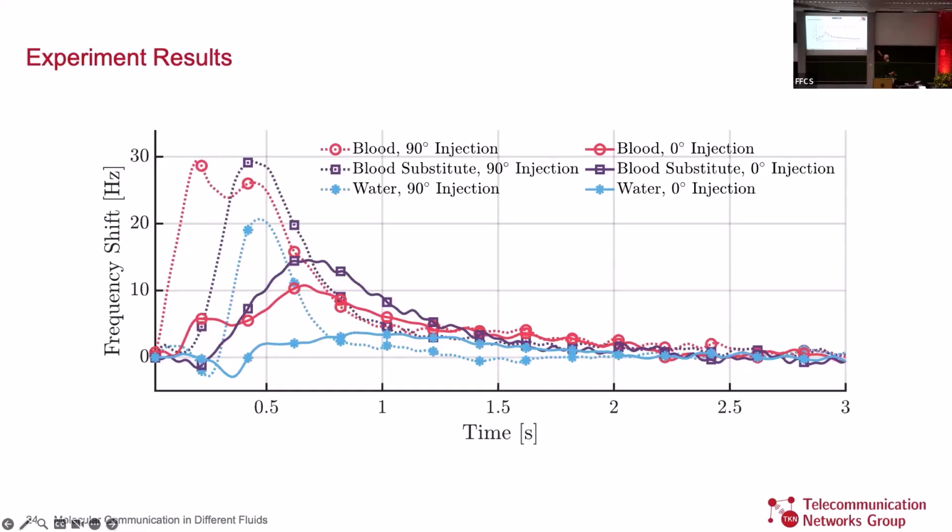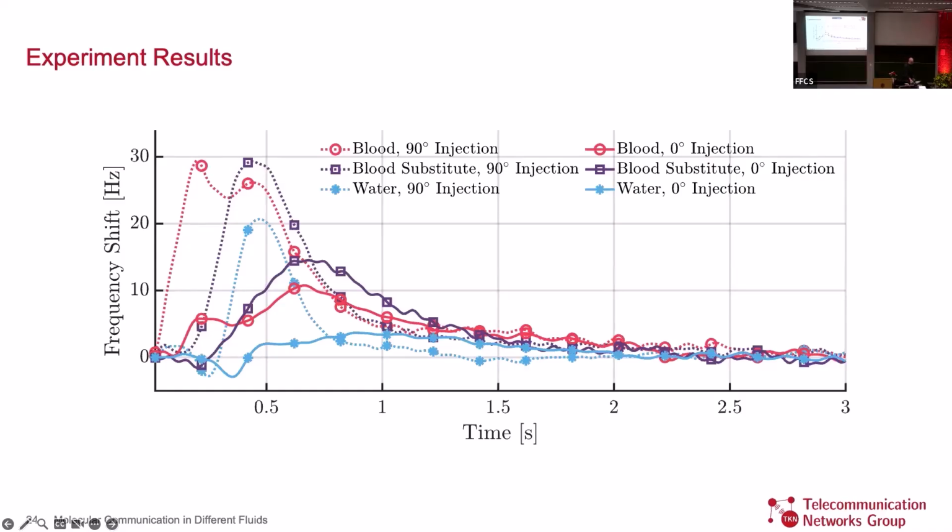For blood, we see two peaks in this curve. So you see in the red curve, we see two peaks of these spion concentrations, which was not expected in the first place. We expected a similar behavior compared to water. By the way, blood substitute as a Newtonian fluid also generates only one peak, despite the fact that it has a thicker viscosity in the liquid.